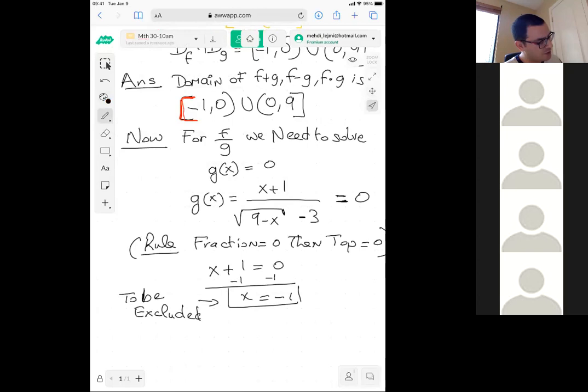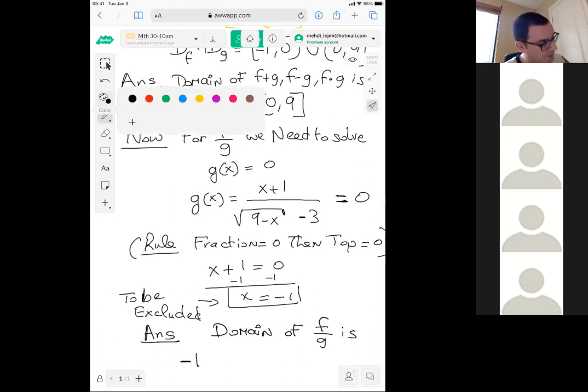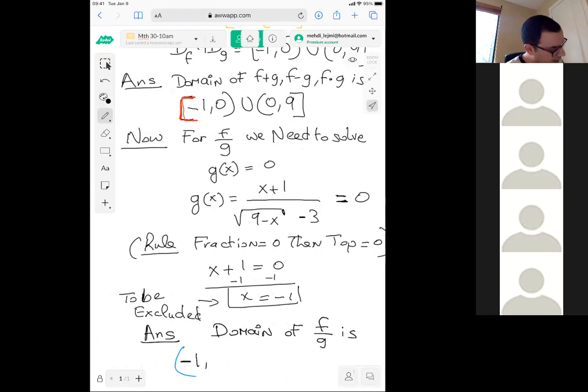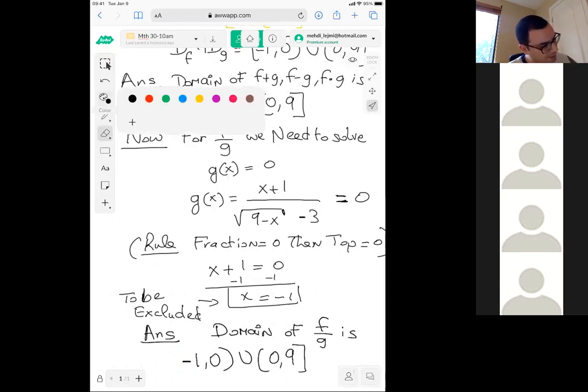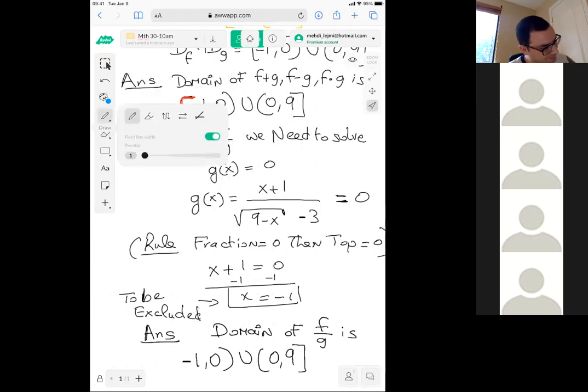Now for f over g, negative 1 is going to be excluded, because that's where g is 0. So the domain of f over g is (-1, 0) union (0, 9], with 9 included.